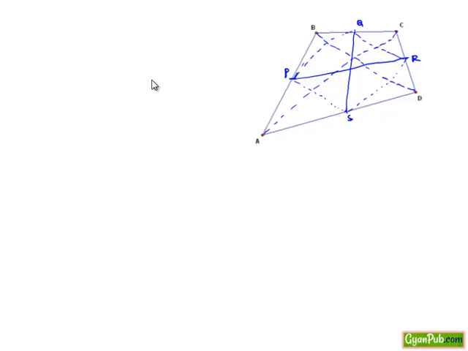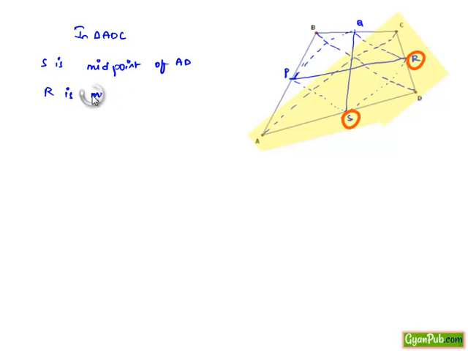Now similarly, if we consider in triangle ADC, S is midpoint of AD and R is midpoint of DC.